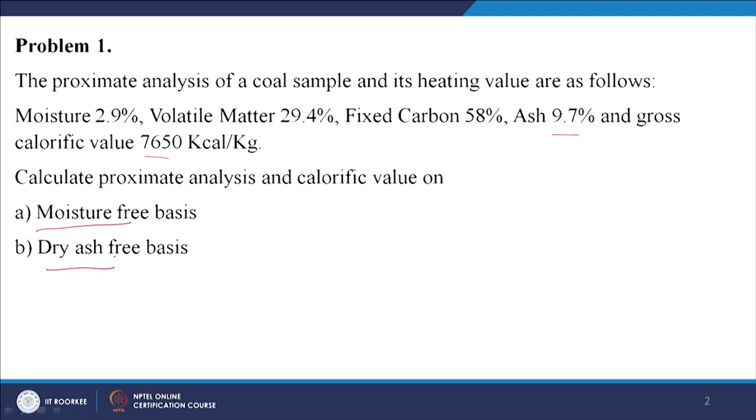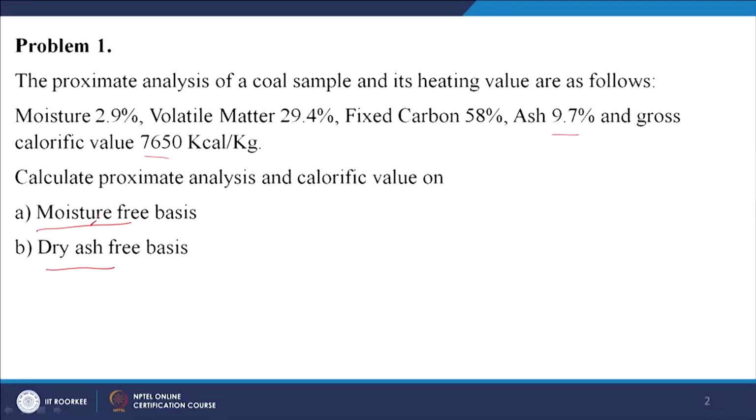So, this is the problem statement. You have to calculate proximate analysis and calorific value under 2 conditions, one is moisture free and the other dry ash free basis. It is given moisture, volatile, fixed carbon, ash. All the proximate analysis values are provided on as received basis.